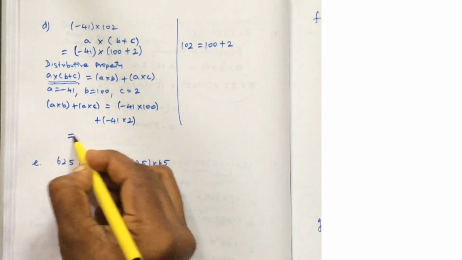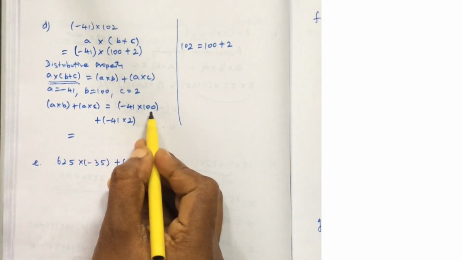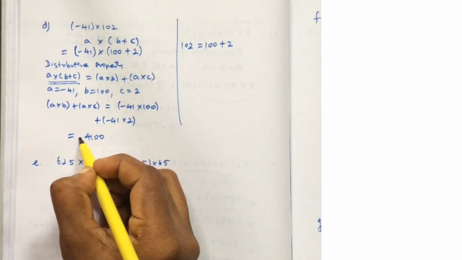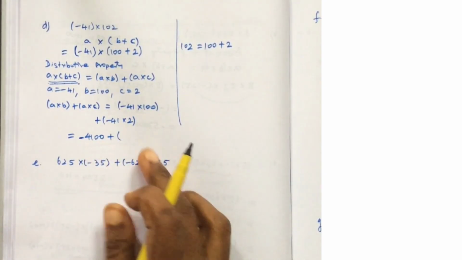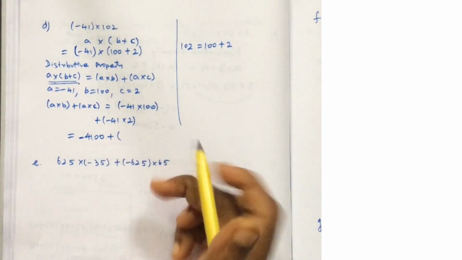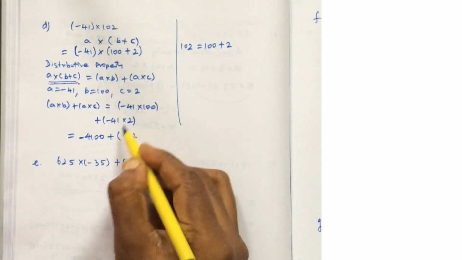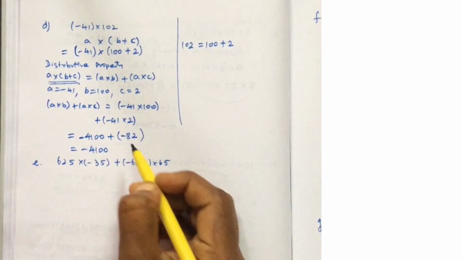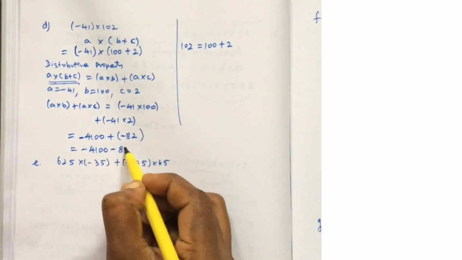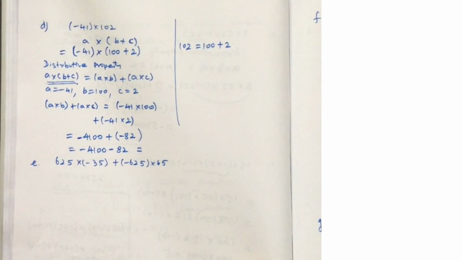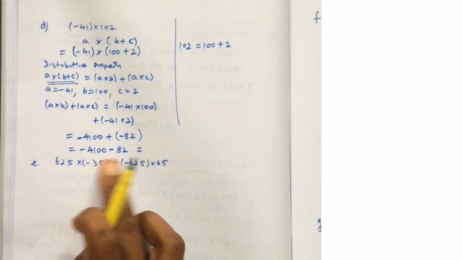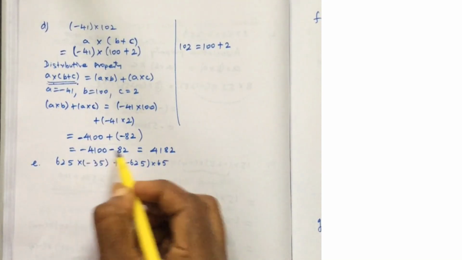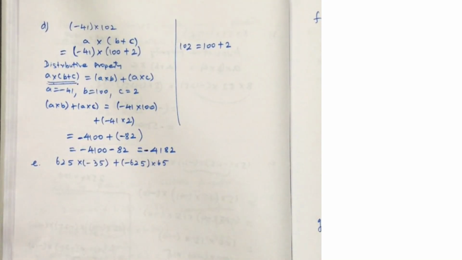Now we can see 41 multiplied by 100 is 4100, so it is minus 4100. Plus 41 multiplied by 2 is 82, plus into minus, minus 82. So you have to do addition, that is 4182, both are negative, the answer is negative.